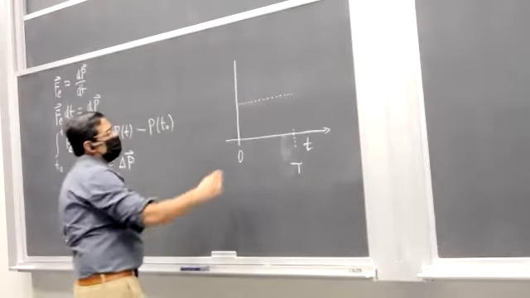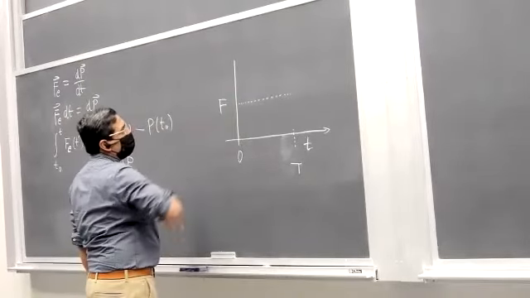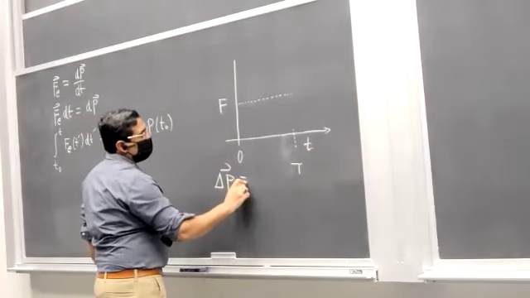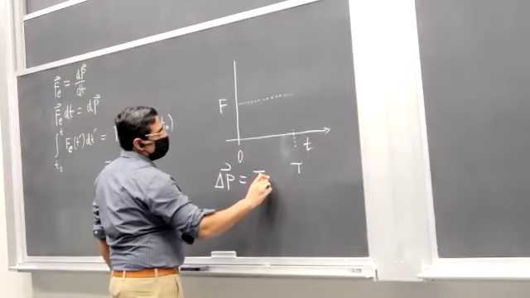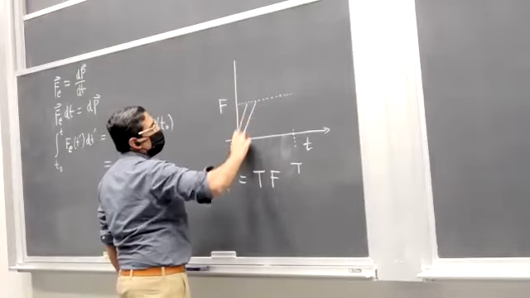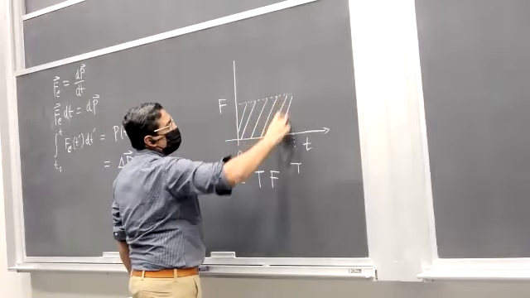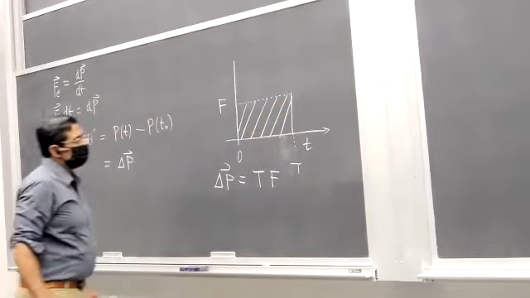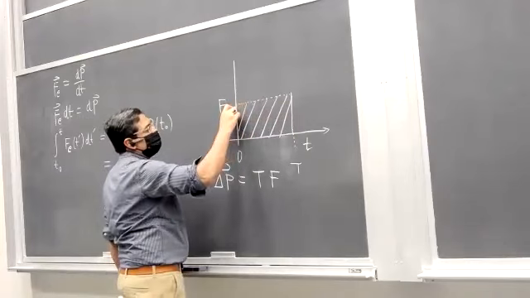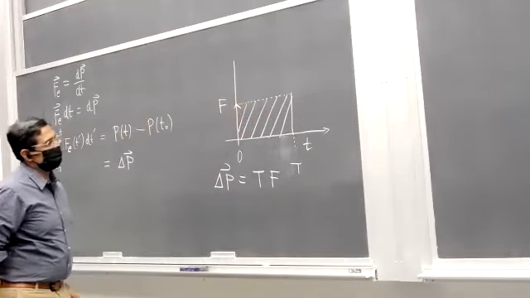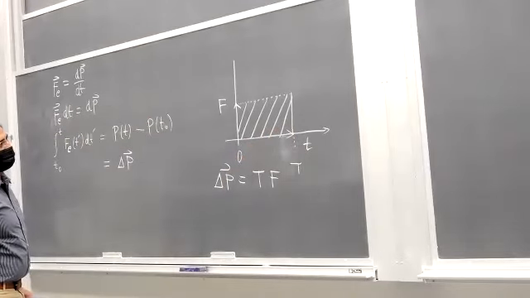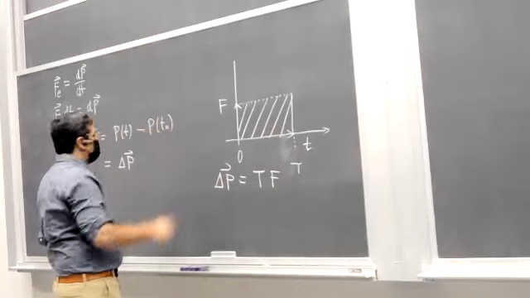So the change in momentum would be, if that force is simply F, T times F. And that is nothing but the area under this curve. All right. So it really depends on how big the force is, this side of the rectangle, and how long you applied it for. All right. And in terms of the constant forces, this is very simple.